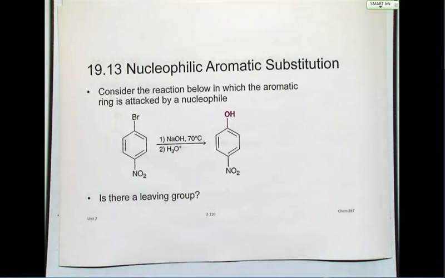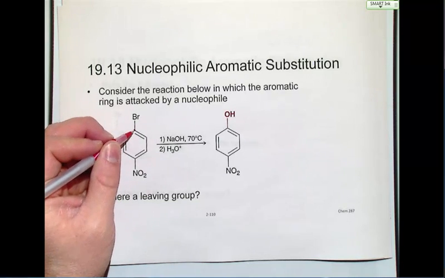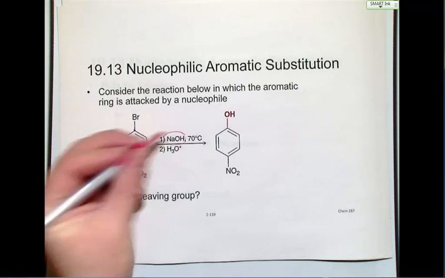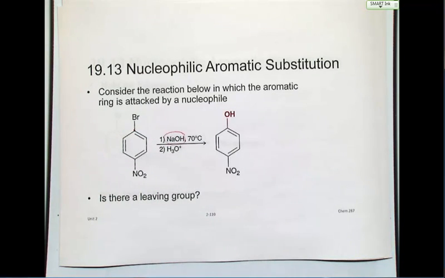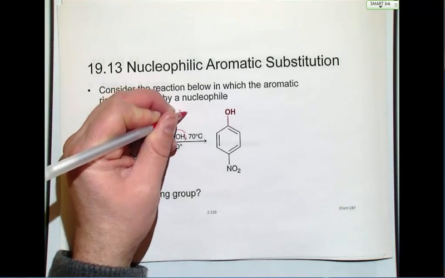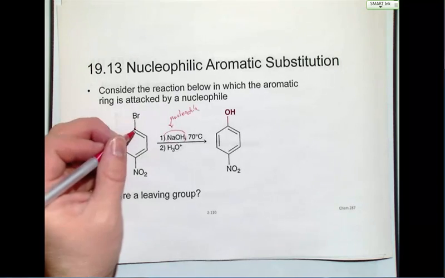Yeah, it's a substitution reaction, and it's not electrophilic. Sodium hydroxide here is not an electrophile, and we've been learning electrophilic aromatic substitutions. This is a nucleophile. And strangely enough, it looks like the OH has substituted for bromine.